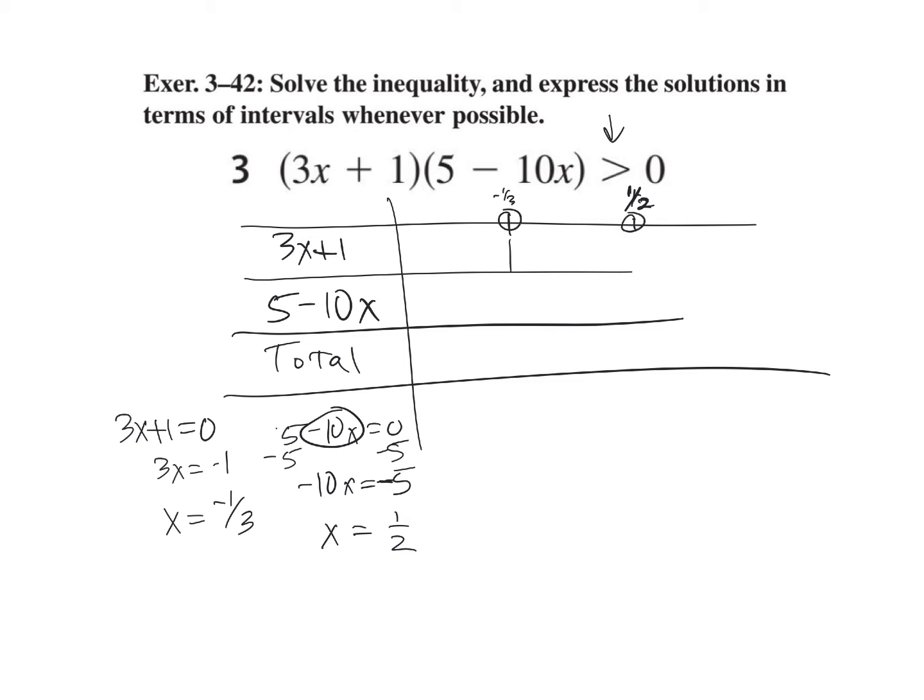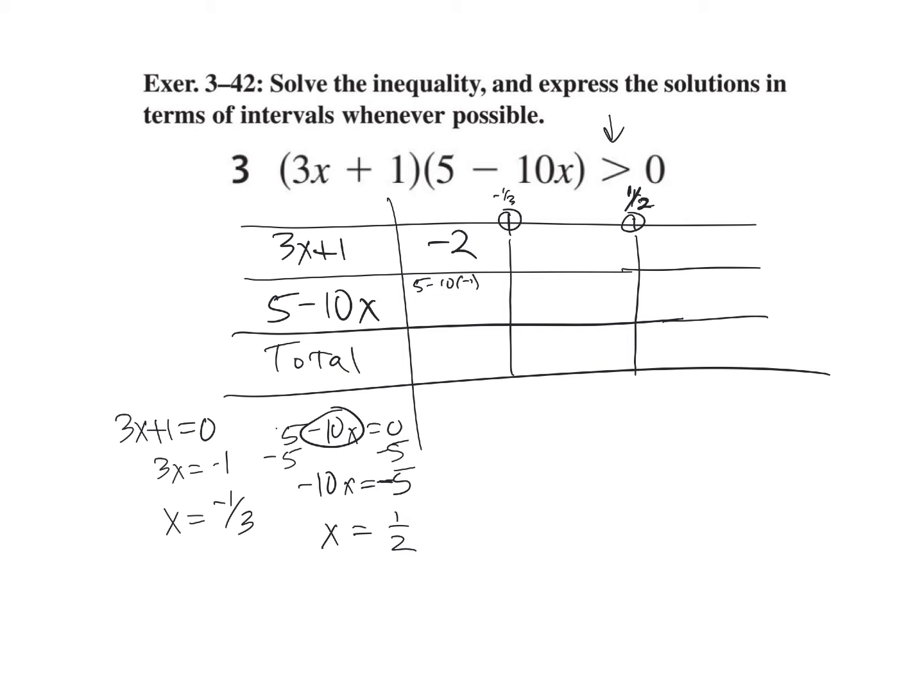Now, what we're going to do is look at numbers on both sides of these values. What's less than negative 1/3? How about just negative 1? So negative 1, if we plug that into 3x plus 1, 3 times negative 1 is negative 3, plus 1 is negative 2. And plug negative 1 in for the next one, 5 minus 10 times negative 1.